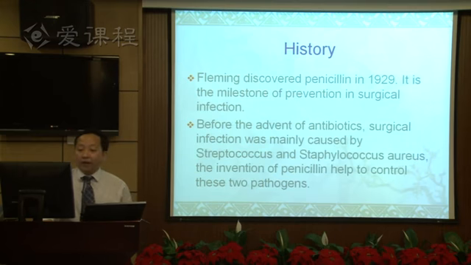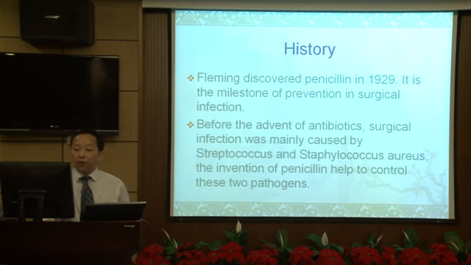Fleming discovered penicillin in 1929. It is the milestone of prevention in surgical infection. Before the advent of antibiotics, surgical infections were mainly caused by Streptococcus and Staphylococcus aureus.